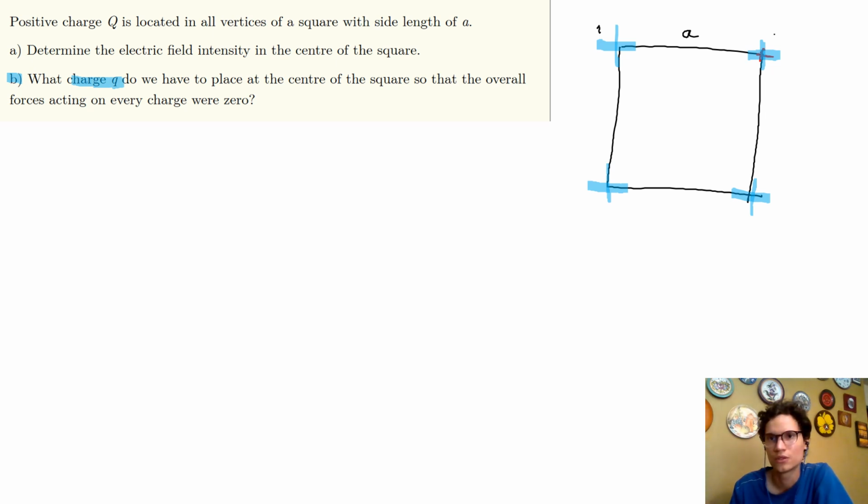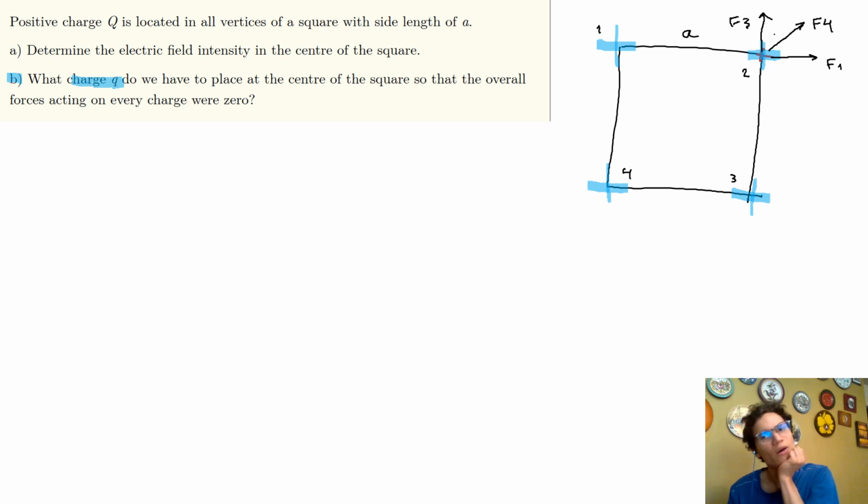Again, 1, 2, 3, 4. Because these are positive, the force created by charge 4 and charge 2, let's call that force 4, will be of repulsion, force 4. The force created by charge 1, force 1, will also be repulsive, and the same with the force created by charge 3.